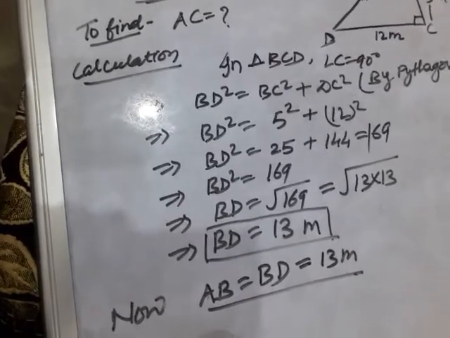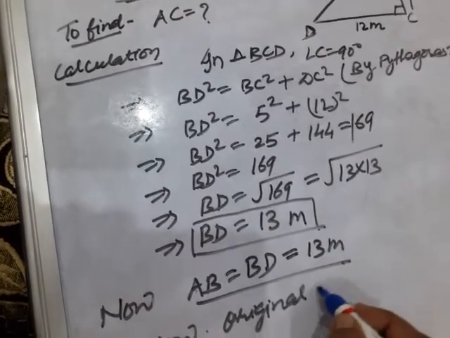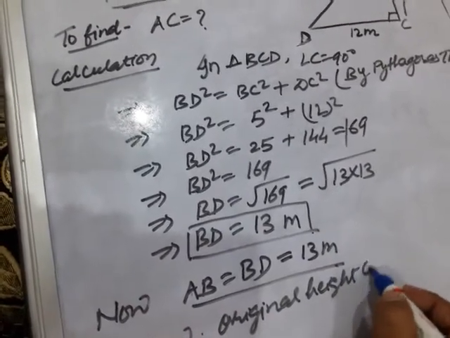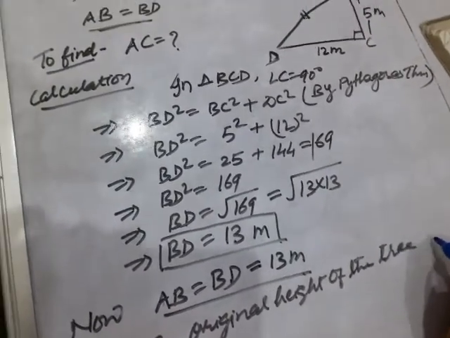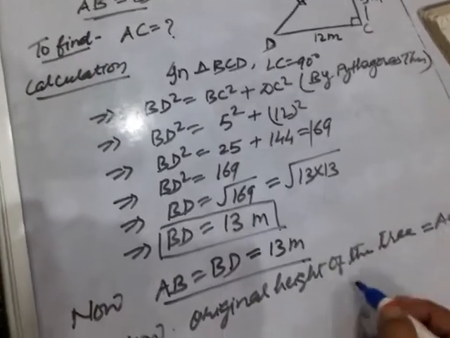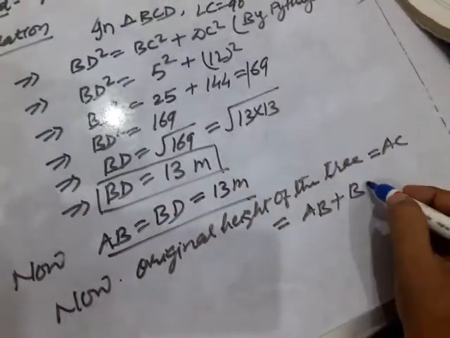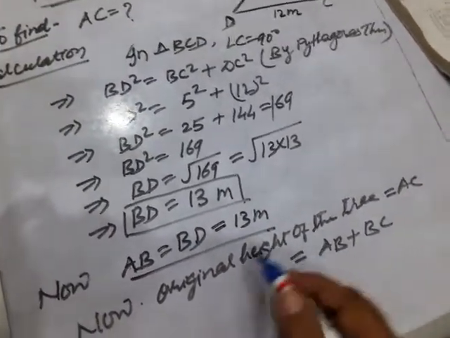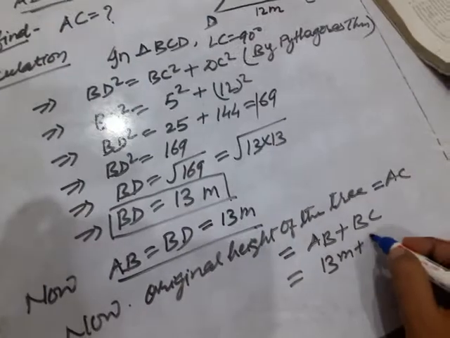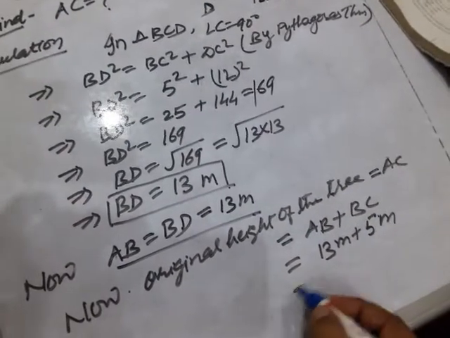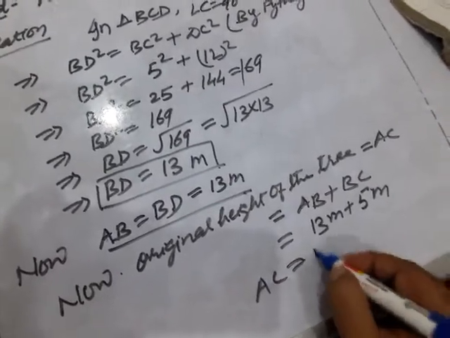Now AC, the original height of the tree, equal to AC, and this AC equal to AB plus BC. What is AB? AB is found out to be 13 meter plus BC is 5 meter. Okay, this implies that AC equal to 13 plus 5, 18 meter.